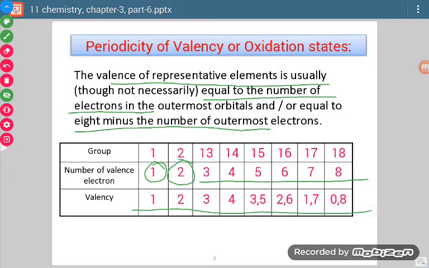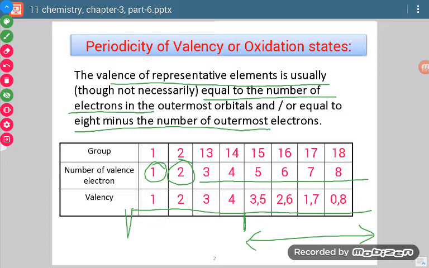If we take the first group, then the valency value is 1. Till 4 it is equal to the number of valence electrons. After that we calculate it by subtracting the number of valence electrons from 8.